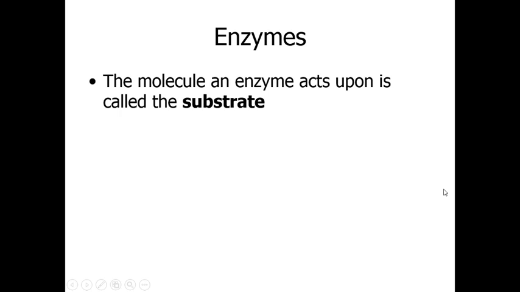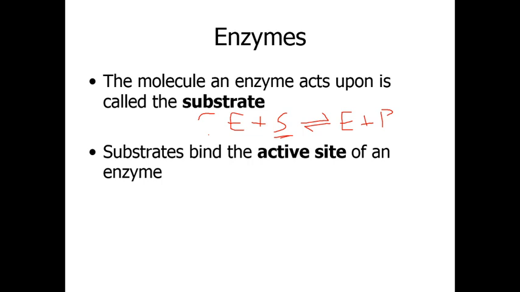Henceforth, the molecule an enzyme acts upon is called its substrate. For example, if E were an enzyme, it acts upon its substrate S. So S is a substrate, and this can result in the formation of product, E plus P. Substrates bind the active site of an enzyme.